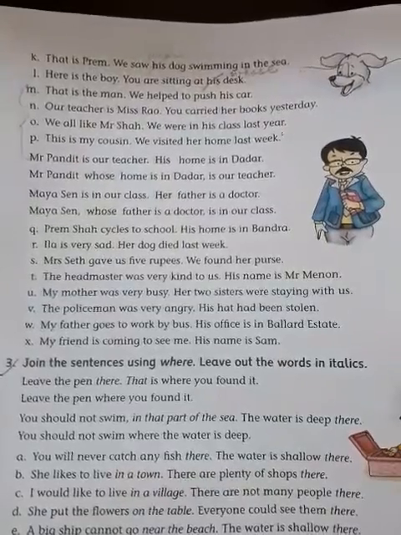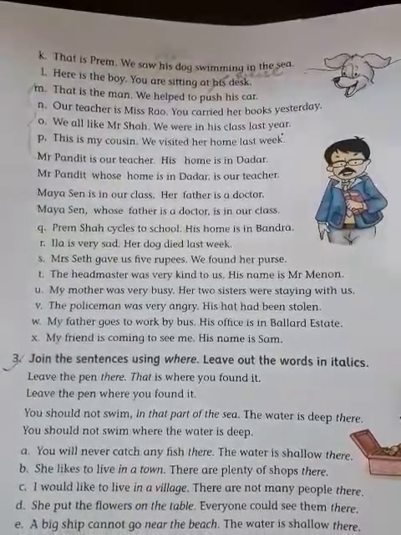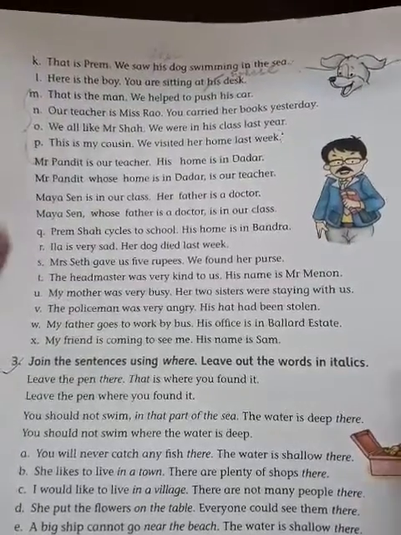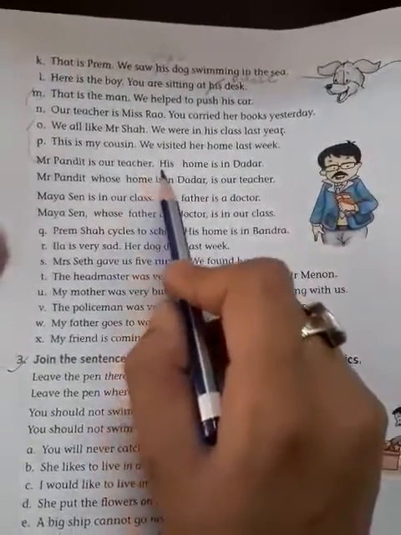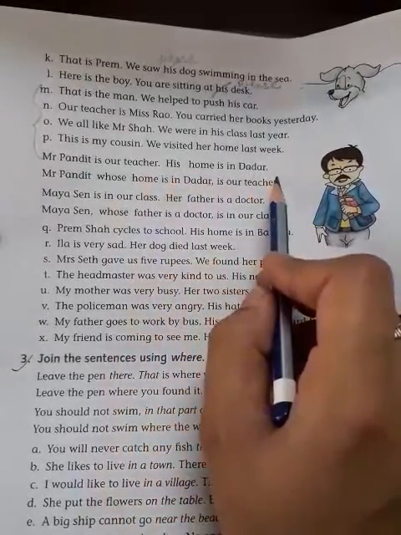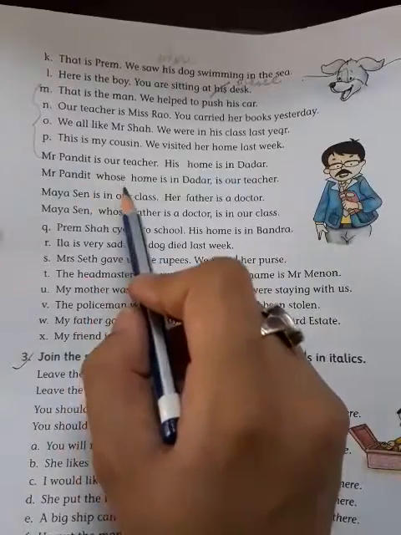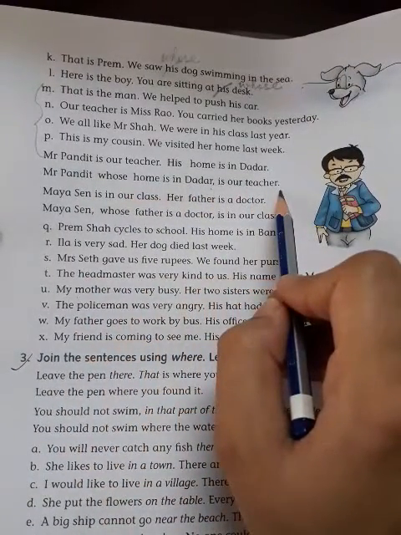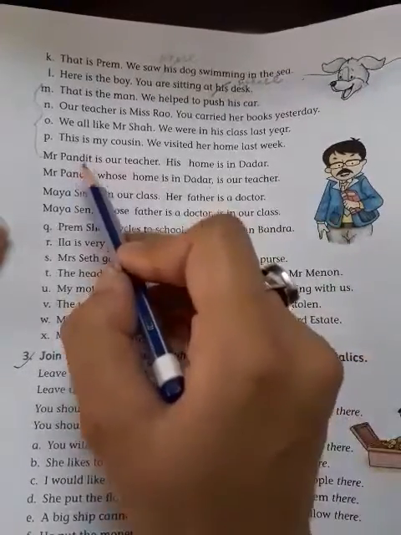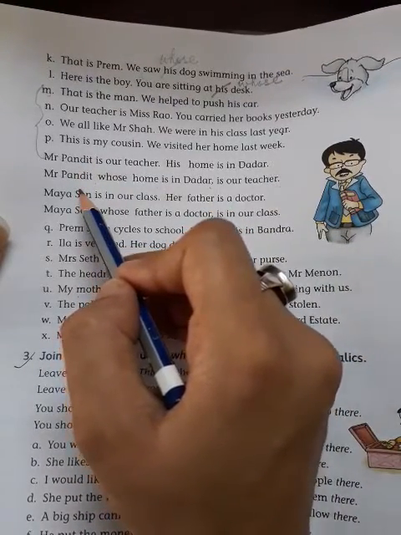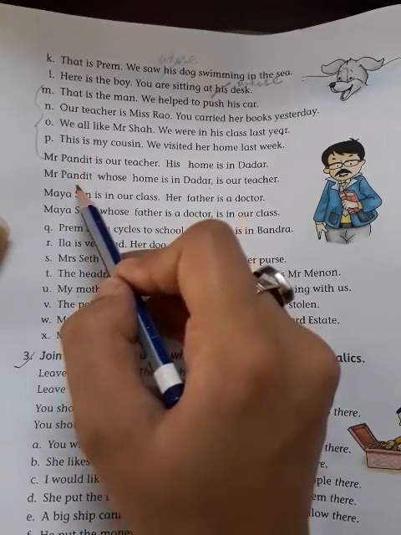Again, here we have to use whose, but again in a different way. See the examples. Mr. Pandit is our teacher. His home is in Dadar. Mr. Pandit, whose home is in Dadar, is our teacher. What is to be done? First, we will copy down the subject, the main person about whom we are talking, Mr. Pandit.